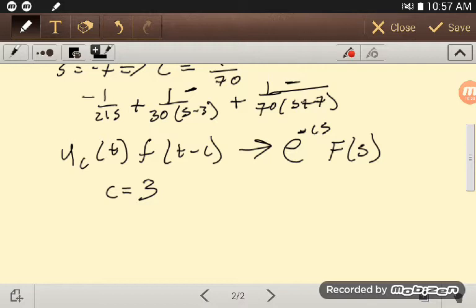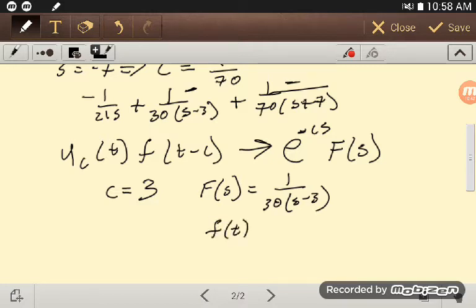Then for my F(s), in this first case, I have 1 over 30 times 1 over s minus 3. Well, I know how to undo that. The inverse Laplace transform f(t) is just 1 over 30 e to the 3t.